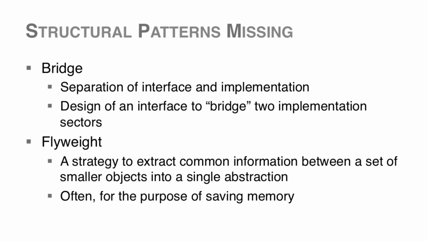Now, I didn't cover that pattern simply because it hasn't really become a pervasive use of design vocabulary, in my opinion. Flyweight is a strategy to extract common information between a set of smaller objects into a single abstraction. This is often used to save memory. It's a very practical pattern in the cases where this is useful, where you need to save this memory, but it's also not a very pervasive pattern, and that's why I decided to skip it.